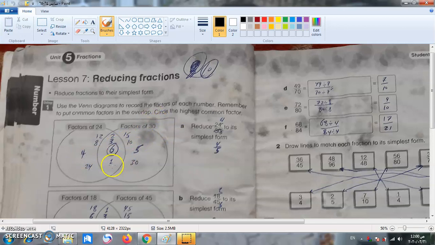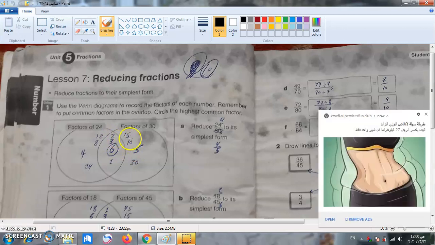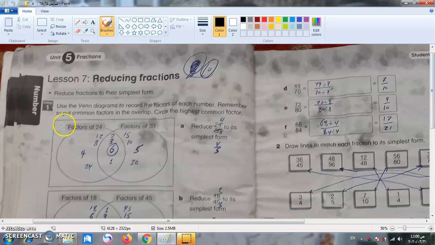We will start with 1 multiplied by 30, 6 multiplied by 5, 3 multiplied by 10, and 2 multiplied by 15. So what are the common factors here between 24 and 30? You will find the same numbers in this overlap here: 1, 2, 3 and 6. So what about the highest common factor? العامل المشترك الأكبر here is number 6.